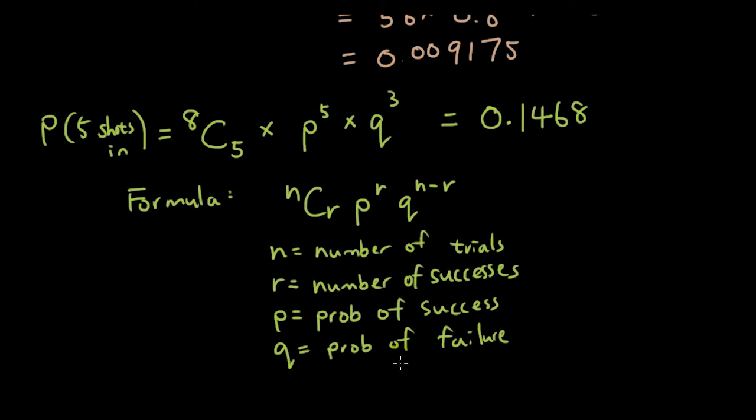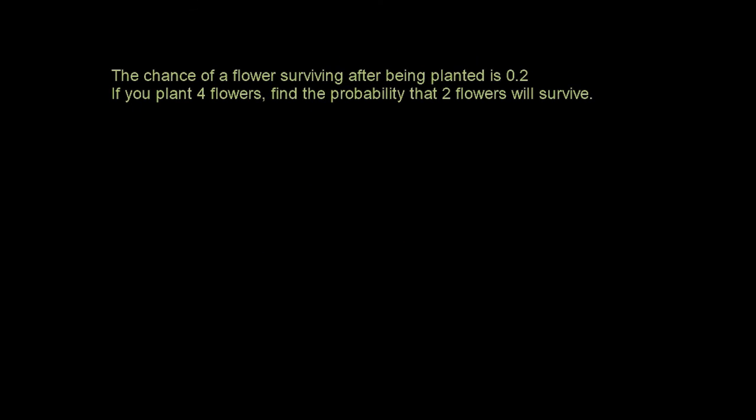I will give you one final question, a totally unrelated question, and see if you can do it. So just a quick question. The chance of a flower surviving after being planted is 0.2. So probability of success is 0.2. Because we later ask to find the probability that 2 flowers will survive.